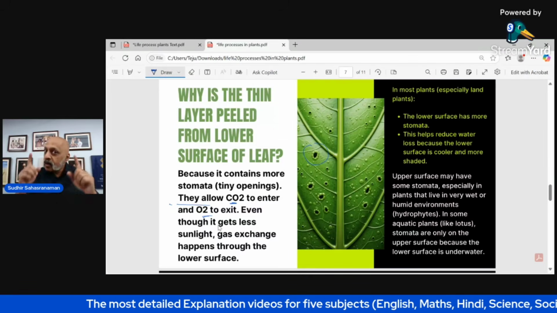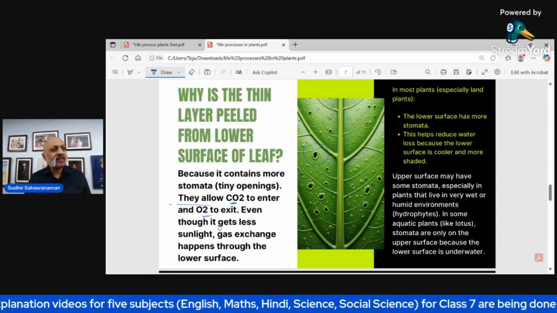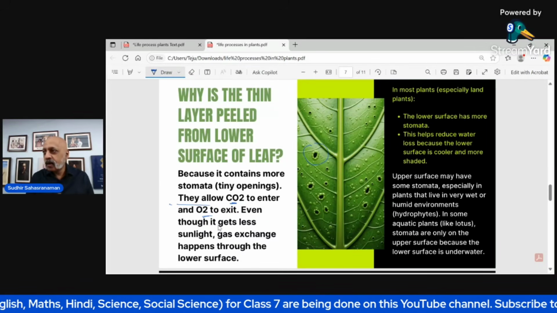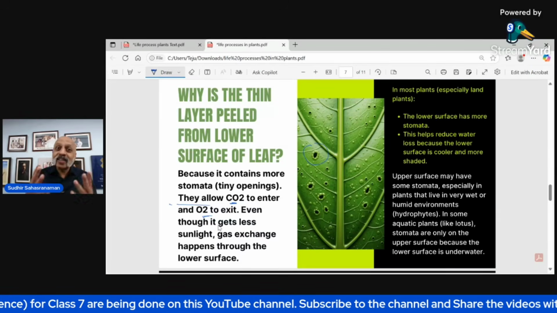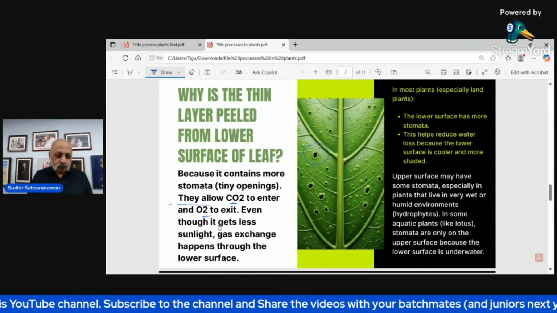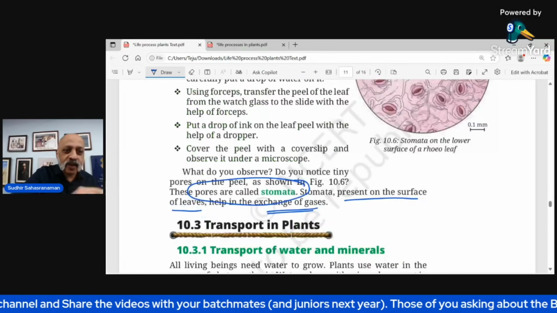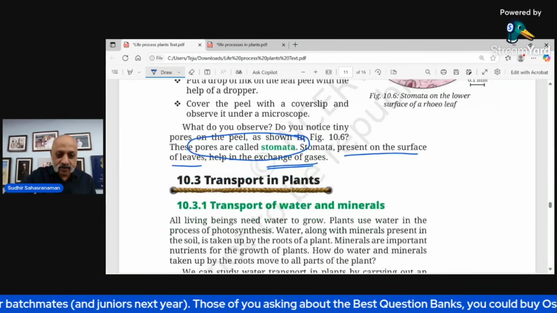That's very important. Keep that curiosity in you alive, because if the curiosity is dead, then there is no fun in studying any subject. So that's what you need to understand. So this is what, as far as the lower surface and the stomata is concerned.